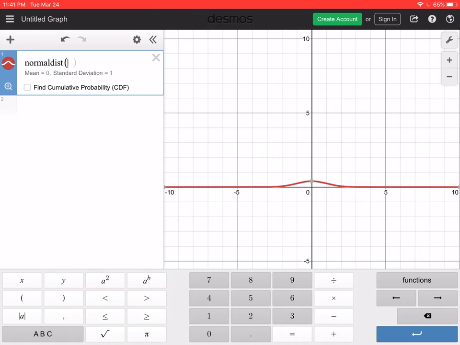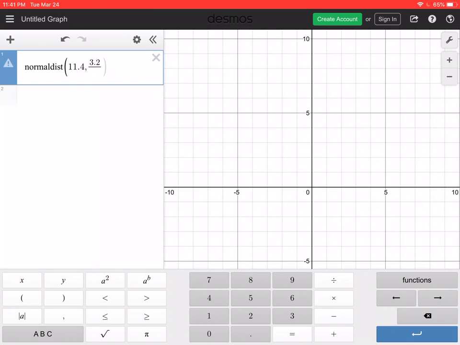We need to put in the mean and standard deviation. The mean is going to be 11.4. For the standard deviation, you can try approximating it, but since we have the ability to type it in exactly, let's do that. So it's 3.2 over the square root of 35. And that's going to be our normal distribution.